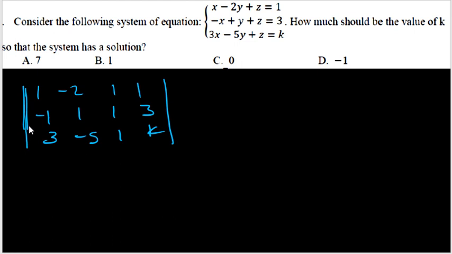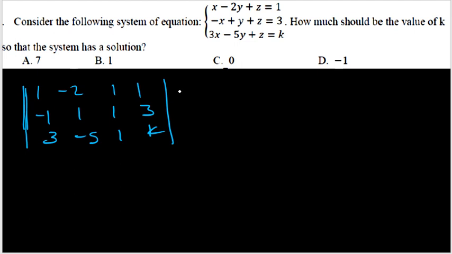When we are applying elementary row operations here, we can make the first entry of the second row and of the third row 0. To make the second row's first entry 0, we can add the first row with the second row directly.